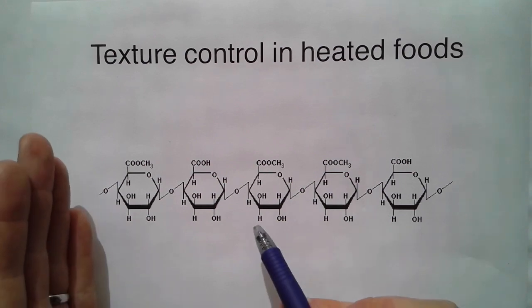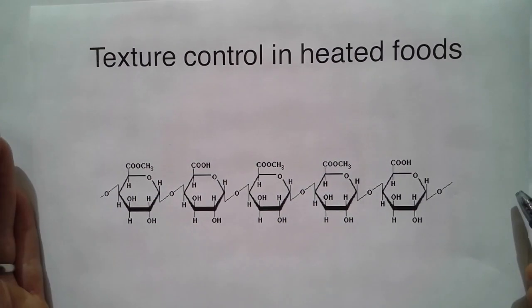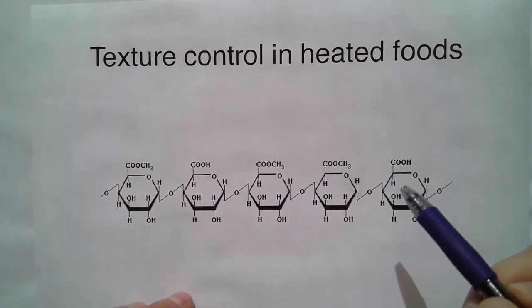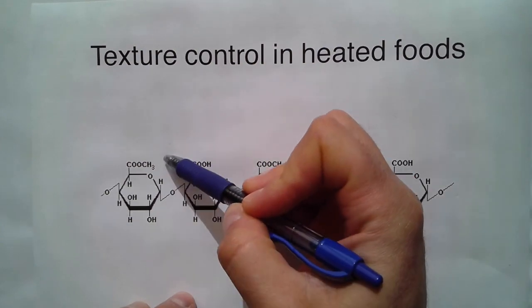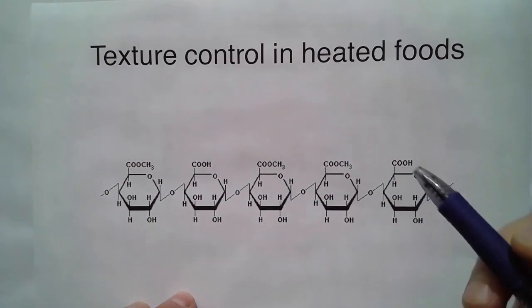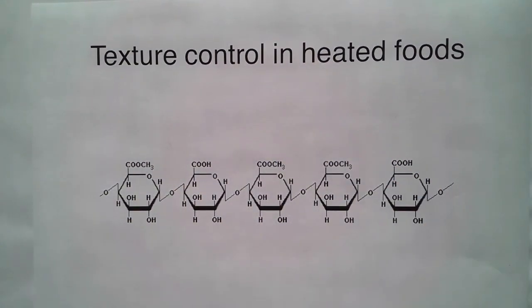Remember, here we're just showing 5 subunits of pectin, but this is a large polymer. And PG comes in here and will cleave these bonds and take a large polysaccharide and turn it into smaller fragments. Okay, and that's really the basis behind the loss of cell adhesion in plant tissues.